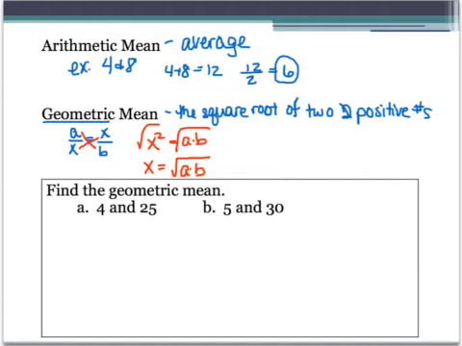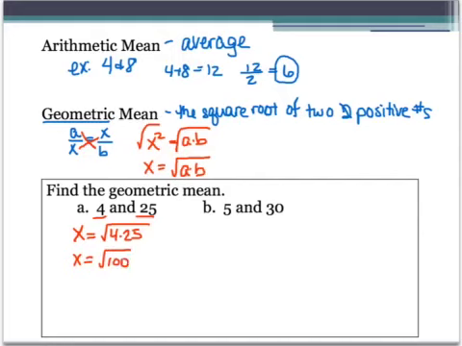Alright, so let's go ahead and try this. The example says find the geometric mean of 4 and 25. Now I don't want to just add them up and get 29 and then divide that by 2. I want to do the square root of these 2 positive numbers. So I have the square root of 4 times 25. And 4 times 25 is 100.